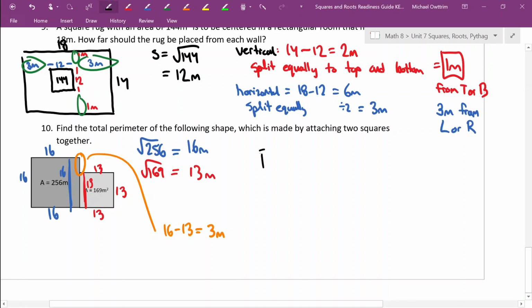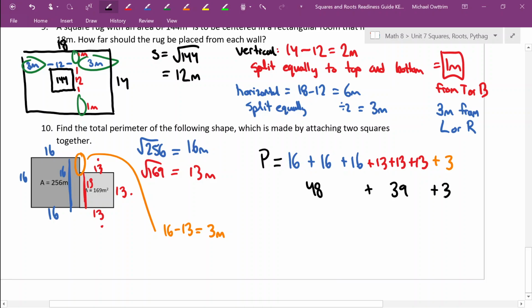So we could say our perimeter is equal to all our measurements added up. We've got 16 plus 16 plus 16 for these guys there. Then we've got 13 and 13 and 13. And then we've got our extra 3. Okay, so 16 plus 16 plus 16, or 16 times 3, is 48. 13 times 3 is 39.